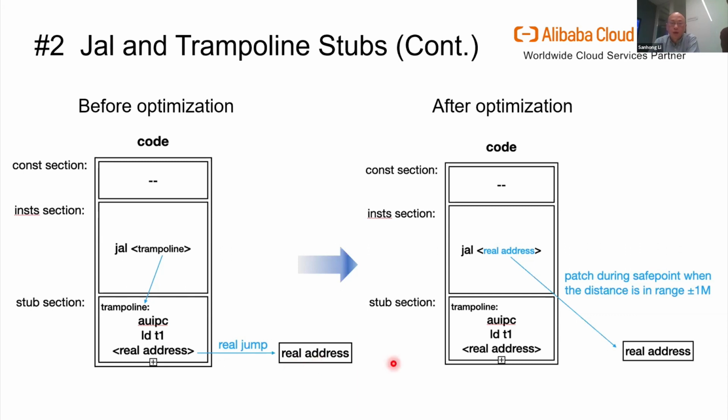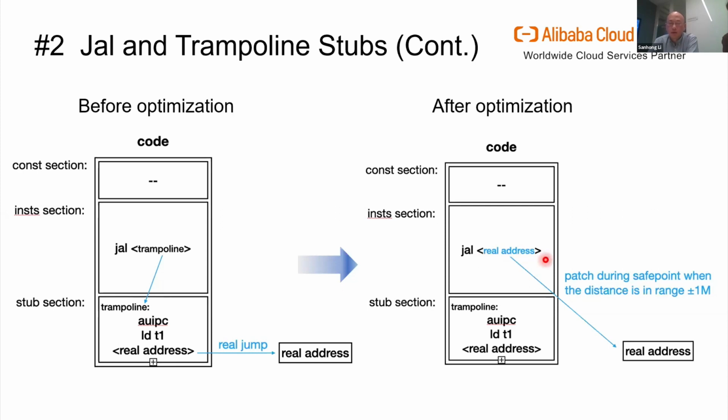But if we find the method target is within the jump range, we have the chance to update it. During runtime, we check whether the target has changed to match the jump range, and if so we update this instruction at the safepoint.